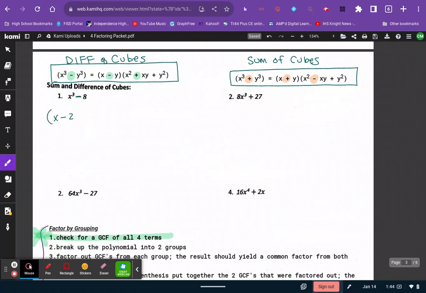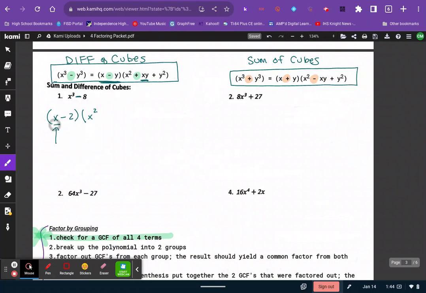So I can take the cube root of both parts, and that gives me my first set of parentheses in the pattern. The second set of parentheses, I'm going to take this term here and square it. And then for the middle term, I multiply the first and second terms together.